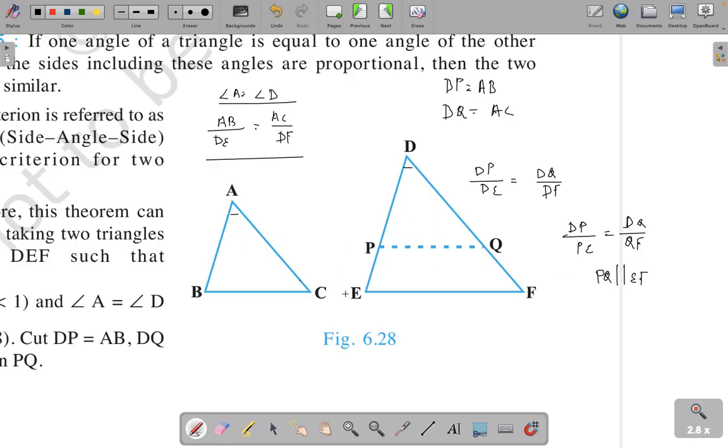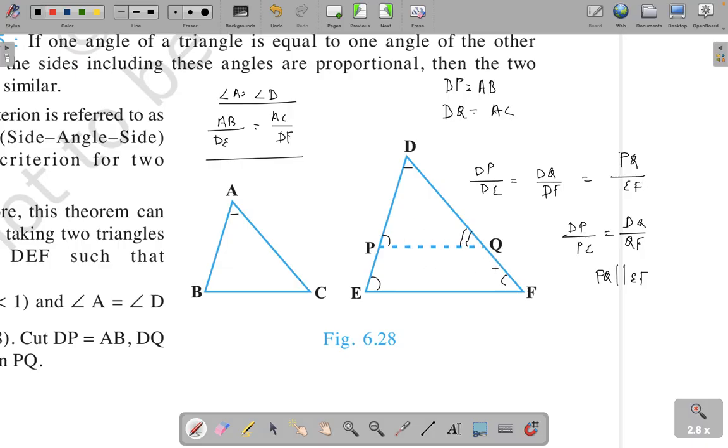right? Which means angle P and angle E are equal, angle Q and angle F are equal, right? And then you can also say from BPT, PQ is parallel to EF, right?